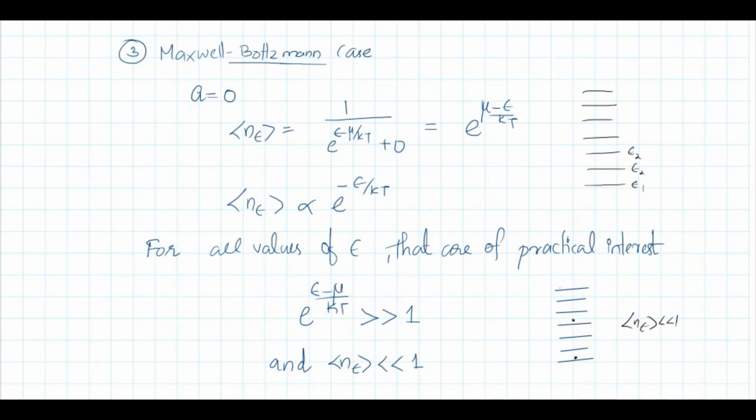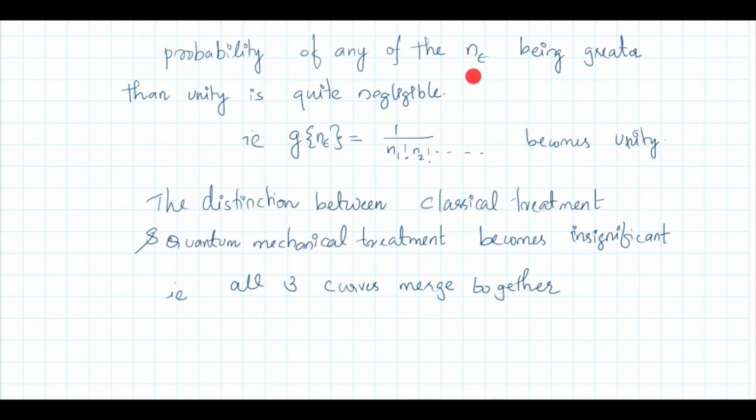Occupation number very much less than 1 means the probability of any of the n epsilon being greater than unity is quite negligible. And in that case, the weight factor we have for the classical or Maxwell-Boltzmann case is 1 by n1 factorial, n2 factorial, etc. If n1, n2, n3 can take only the values 0 or 1, this becomes 1 by 0 factorial, 1 factorial, 0 factorial, 1 factorial, etc. So the final result will be 1.